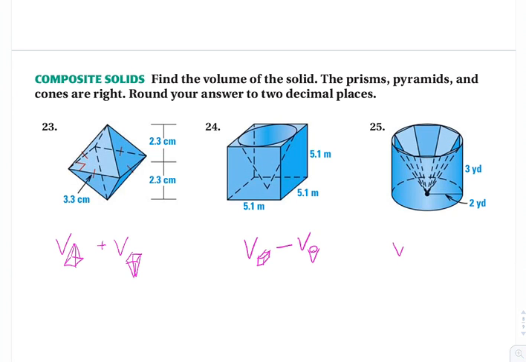Over here, I've got the volume of a cylinder, and I'm taking away the volume of a, and if you count that up, I believe it's an octagonal pyramid. So the big idea being, are you putting 2 things next to each other, or are you scooping out some volume that was already there?